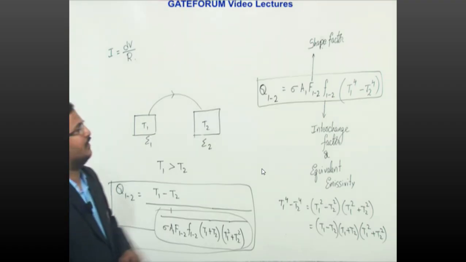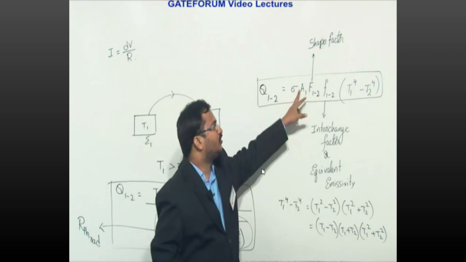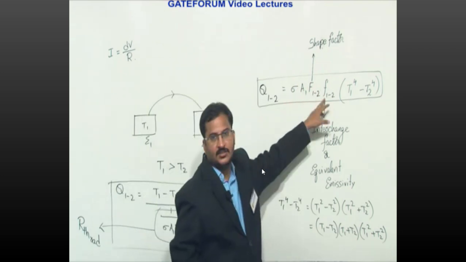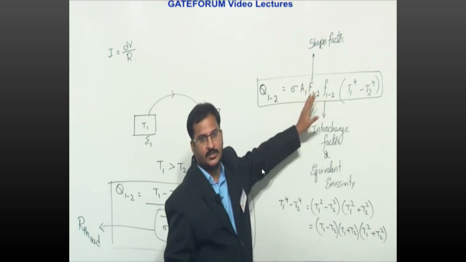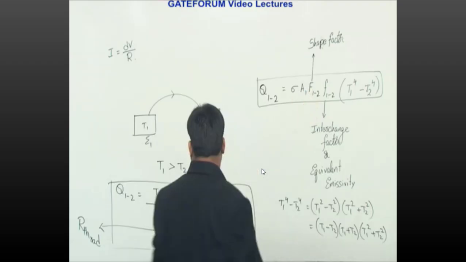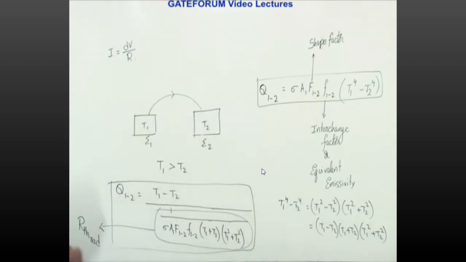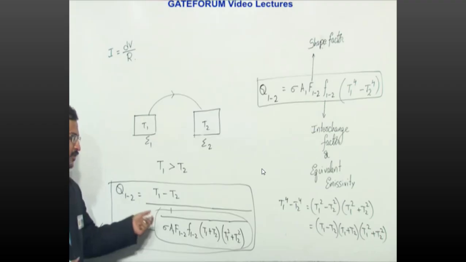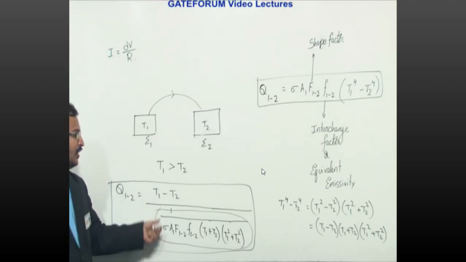Remember that area will be in terms of meter square, and as these two are factors, they don't have any units. So when we talk about thermal resistance due to radiation, the unit will be Kelvin per watt.